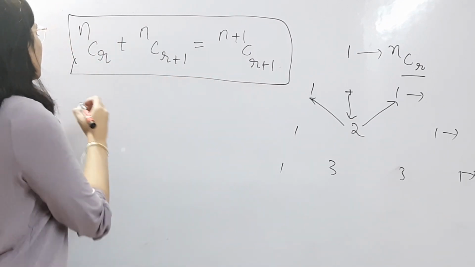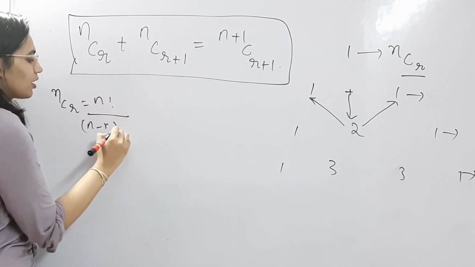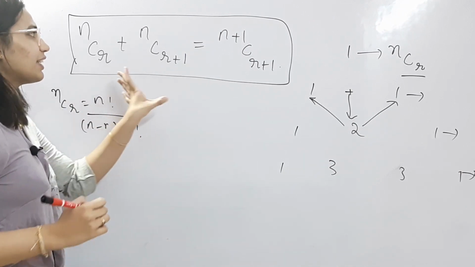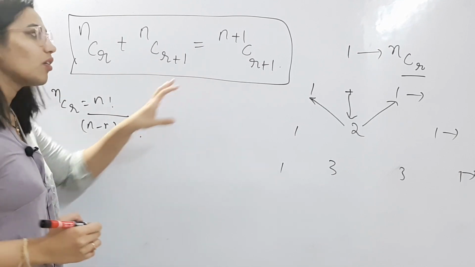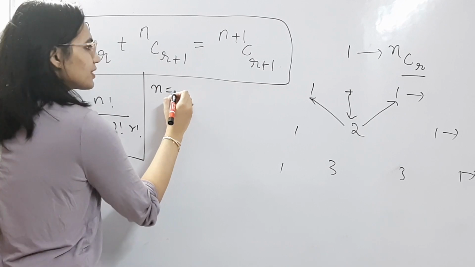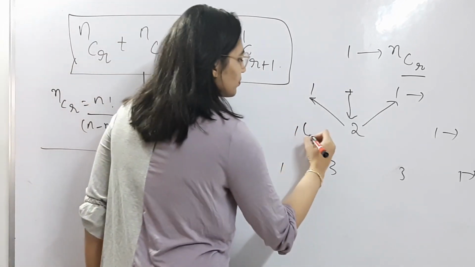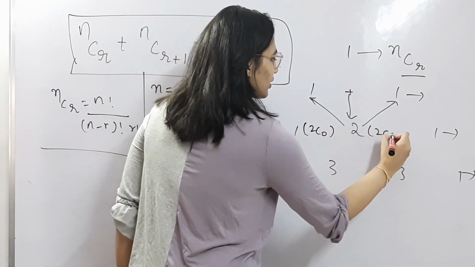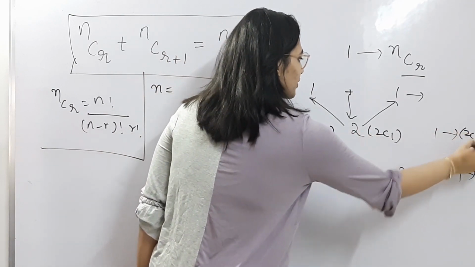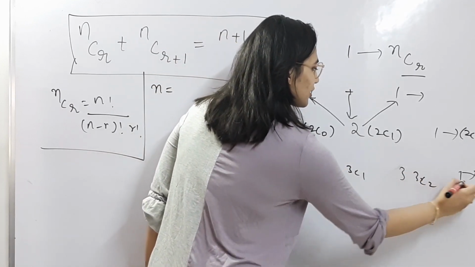You can use the formula nCr is equal to n factorial by (n minus r) factorial into r factorial in order to show this is valid, or just take a few examples. Suppose I want to take n here only. What is this? 2C0, this is 2C1 and this is 2C2, and this is what? 3C0, 3C1, 3C2 and 3C3.